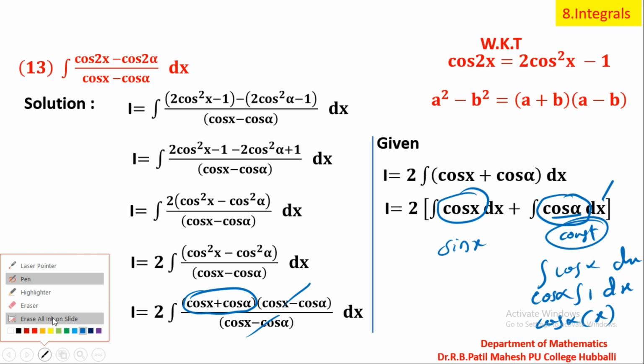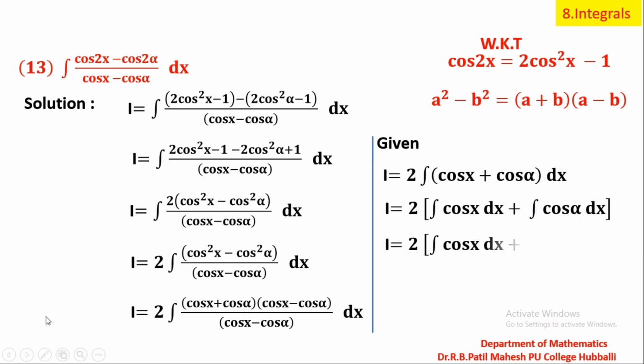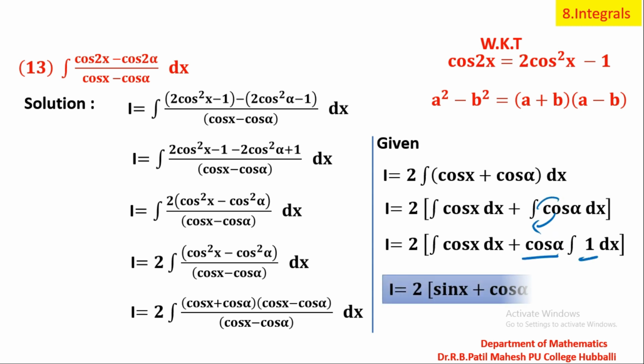Very important note, you have to concentrate. Therefore, it will be 2 into square bracket, integration of cos x dx plus cos alpha outside and integration of 1. So 2 into sin x, cos alpha remains as it is, and integration of 1 with respect to x is x. Therefore, the answer for this question is 2 into square bracket sin x plus cos alpha into x, plus c.